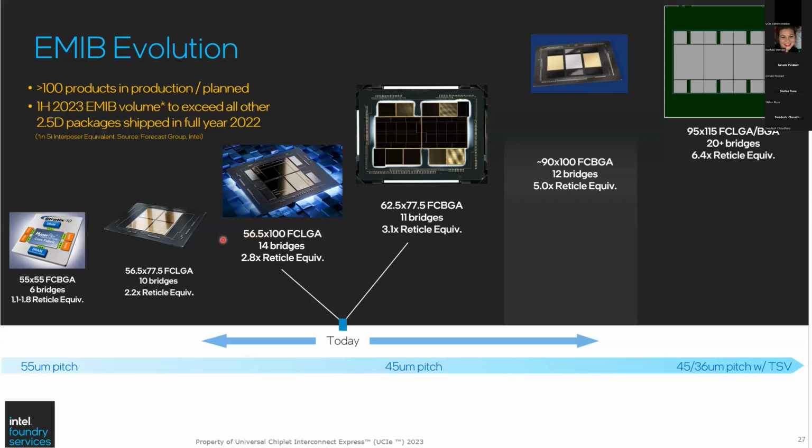So there's 10 bridges in the regular 4-chiplet Sapphire Rapids and 14 bridges that enable the integration of HBM memory in the package, and going even higher all the way up to 20 bridges in future products. You also notice the bump pitch here going from 55 micron bump pitch to 45 microns and down to 36 microns in the future with TSV support.